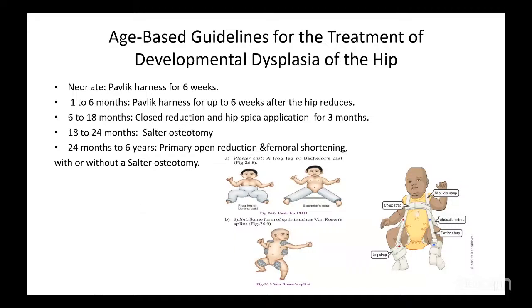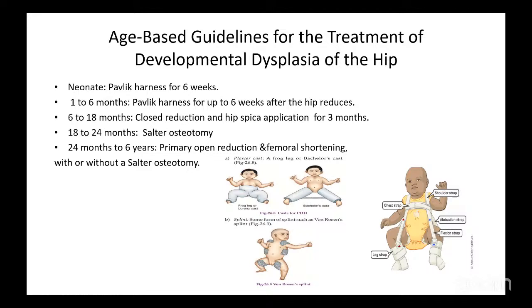So now coming to the guidelines for treatment of DDH: Pavlik harness for 6 weeks. The Pavlik harness is a splint where the reduction forces are applied indirectly through the harness to reduce the hip and to avoid the movements where the joint is in a reducible, dislocatable position.